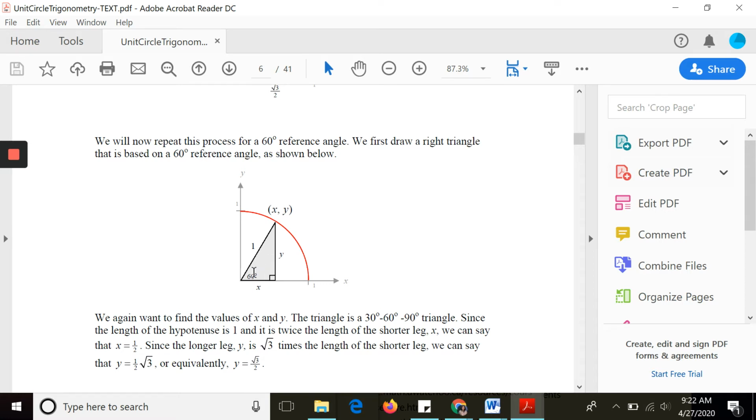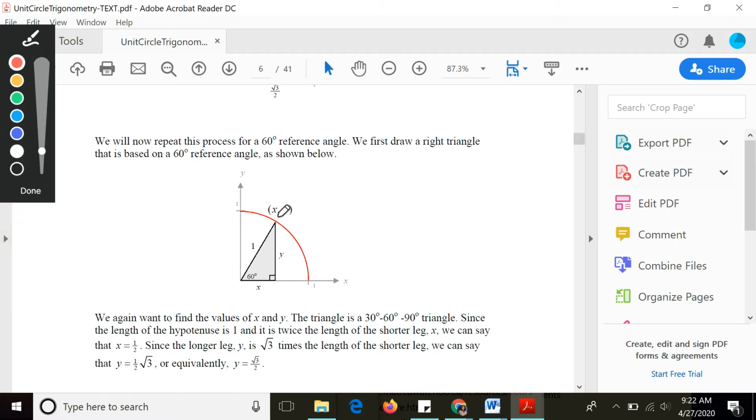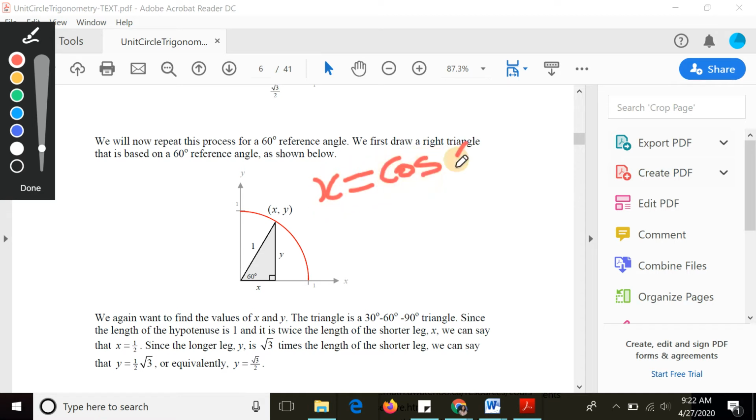So this is your cos 60. Let me write it down. In this case, x is cos 60; again, you can go back and see why x is cos 60 in this case, and we got this value equal to 1 over 2.